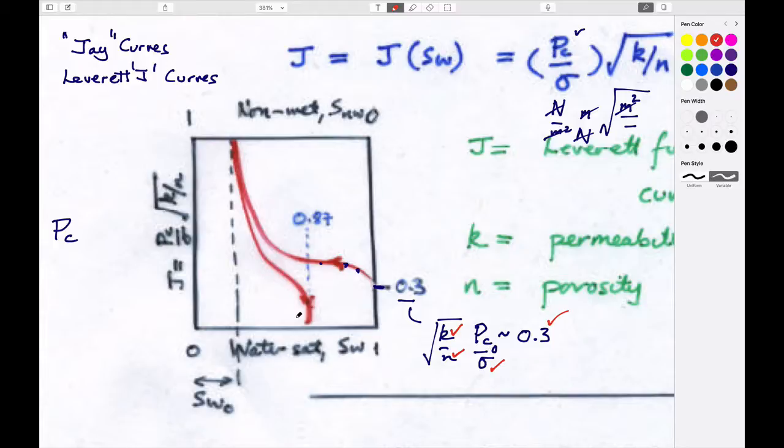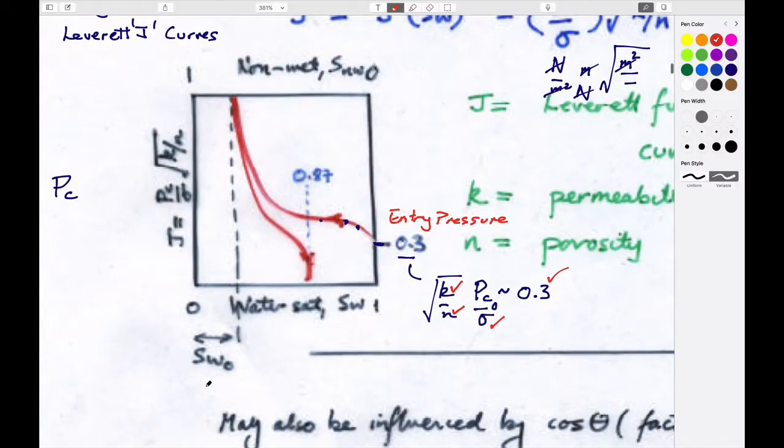So, if we look at dividing up this figure, we can put some bounds on it. This is the entry pressure. So PC0 is the entry pressure. The pressure that you apply to get the first non-zero saturation of the non-wetting fluid. This is the irreducible saturation of water.